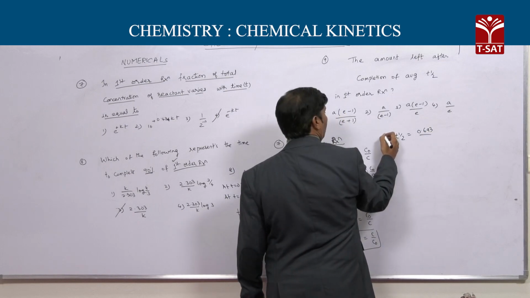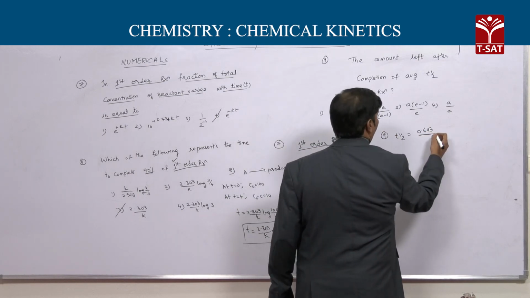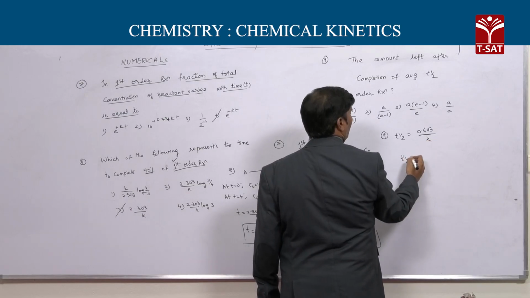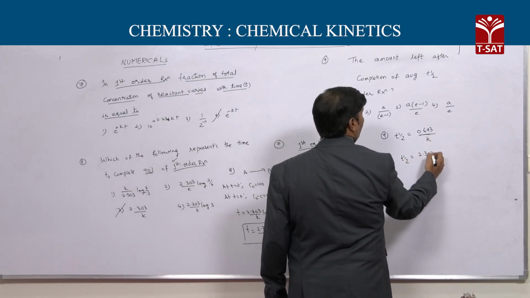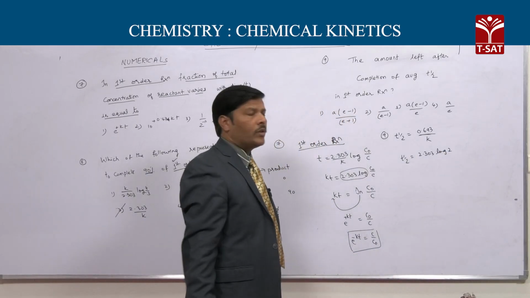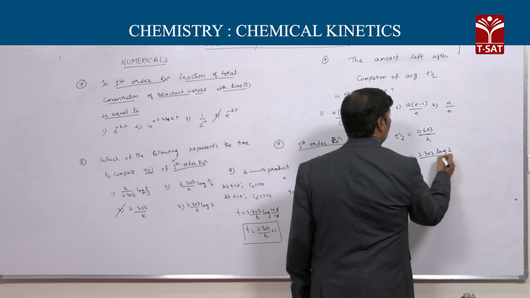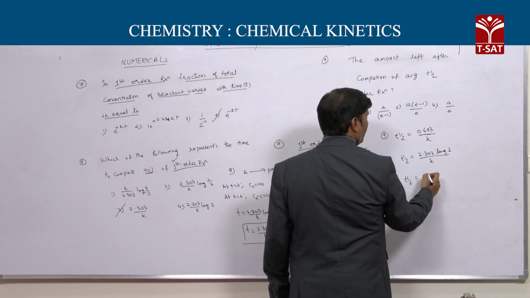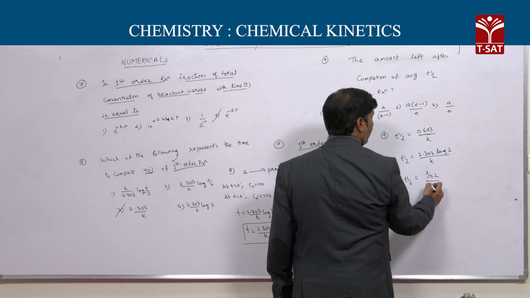That is for the ninth one, half-life is 0.693 divided by K, and T half is equal to 2.303 into log 2 divided by K, where 2.303 log 2 is ln of 2, divided by K.